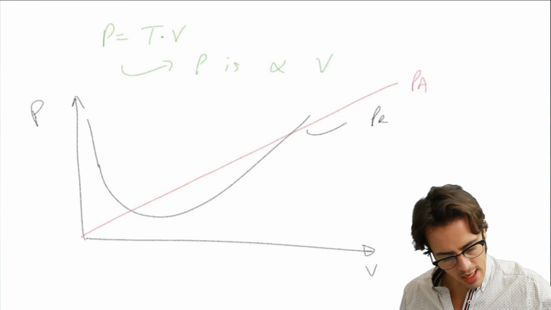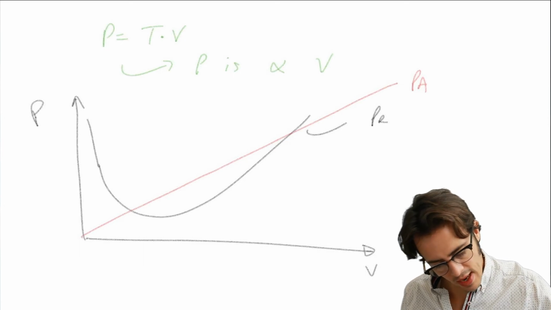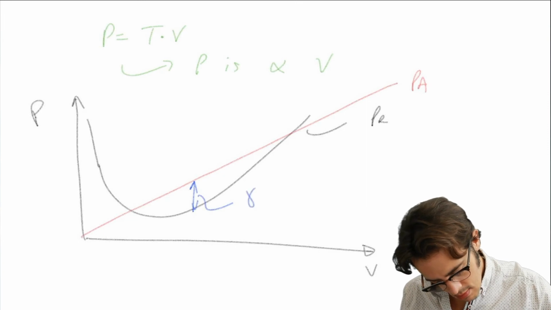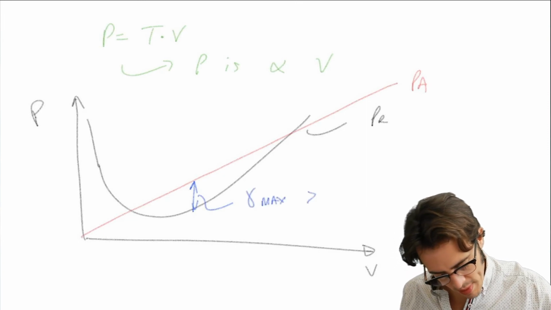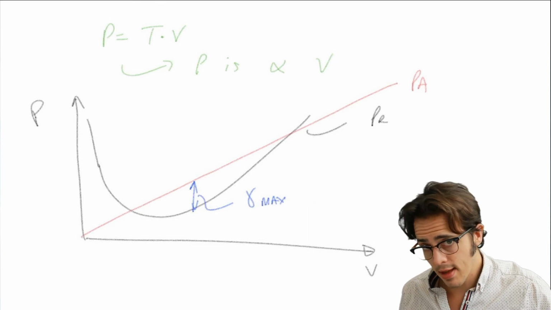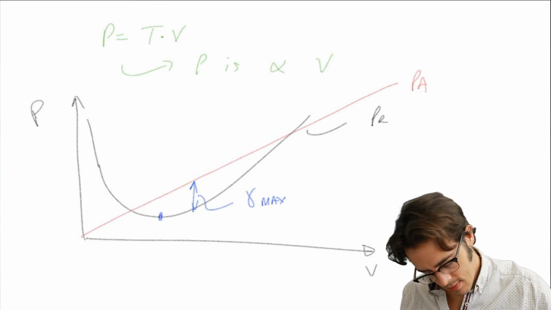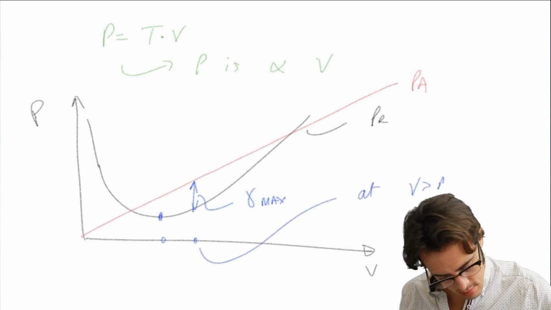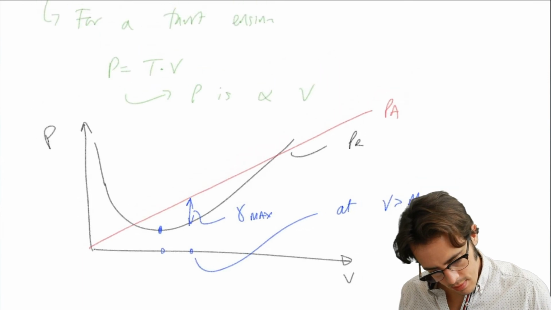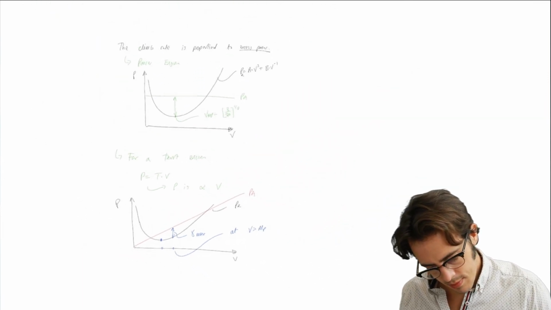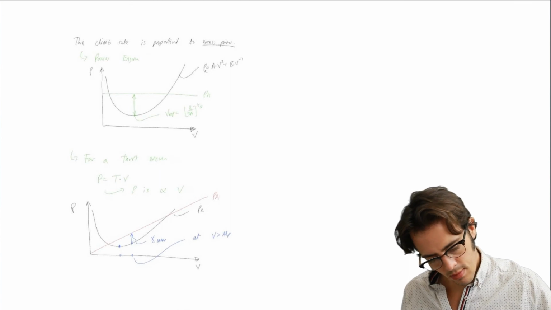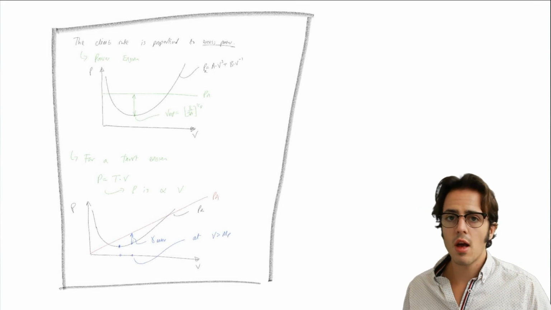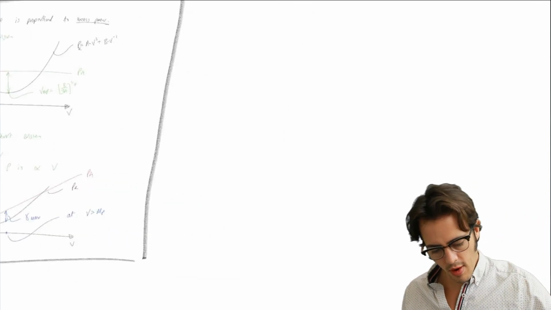So the maximum value here is going to be at some intermediate value up here somewhere, but it will be at some speed that is greater than the minimum power speed. So that's how we determine the two types of maximum climb rates. So we can just summarize those briefly.